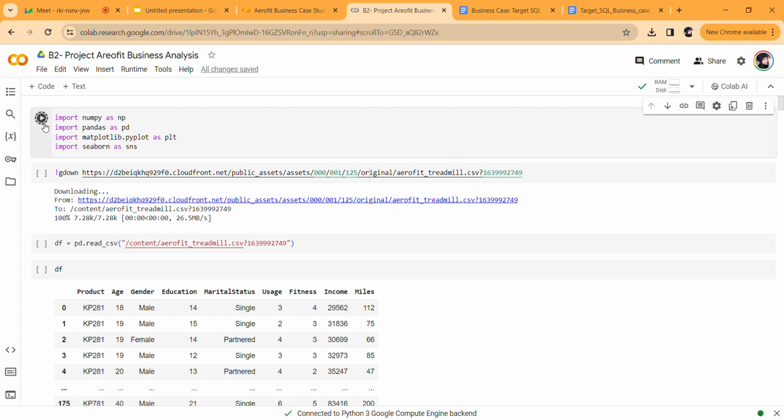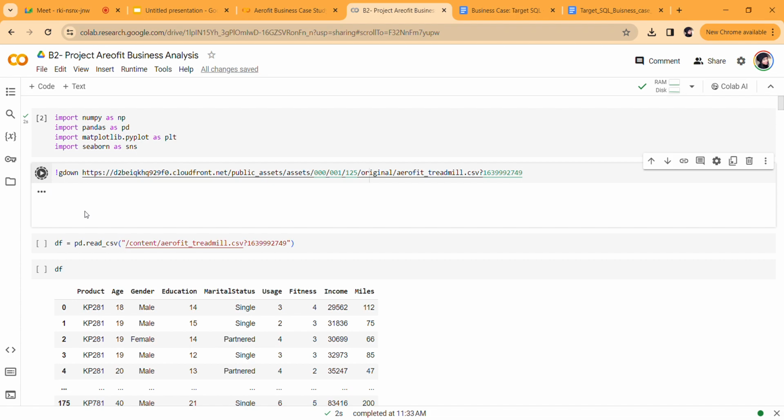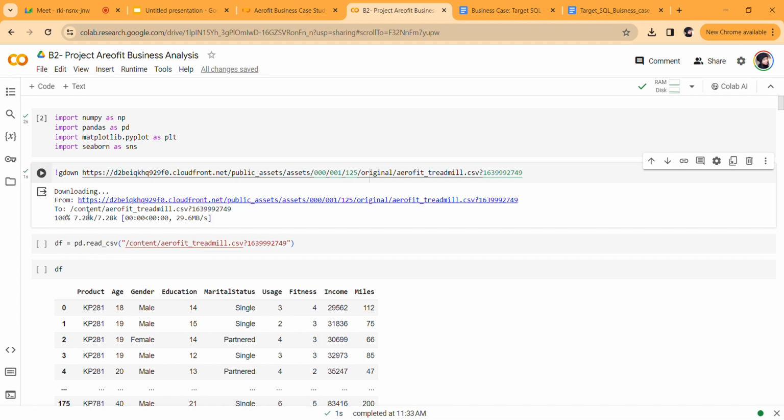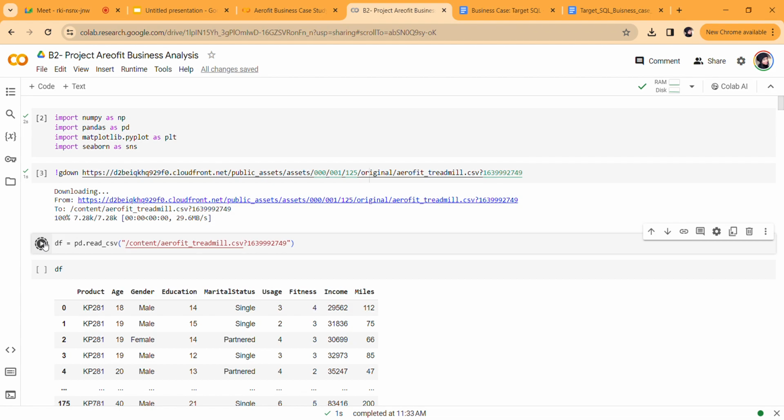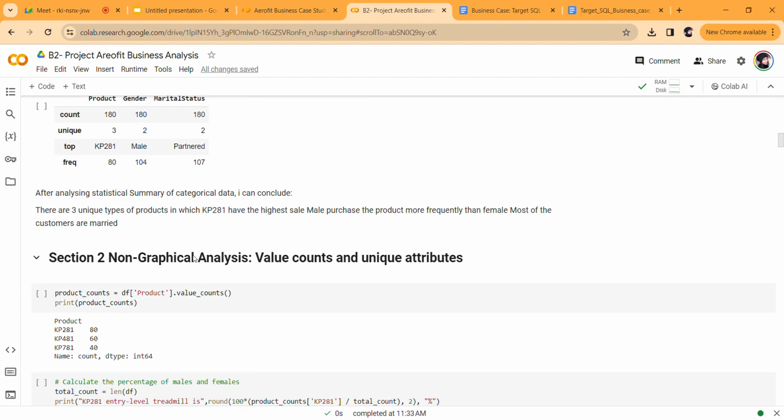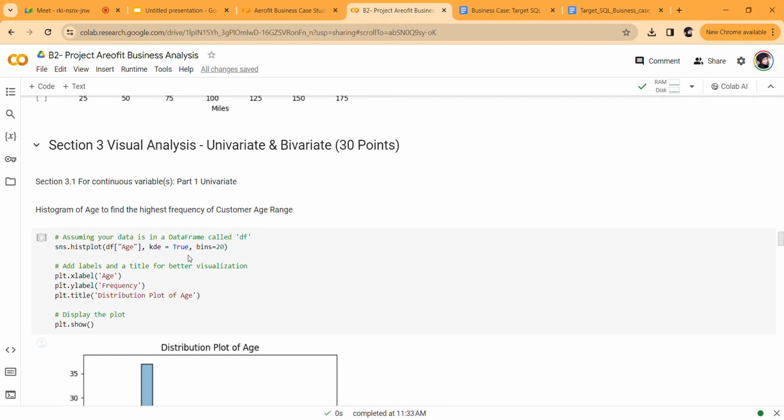We lost our runtime actually. Okay, till here if it runs, then we are able to run this also.